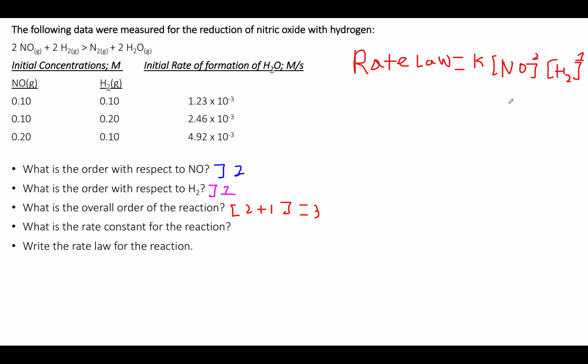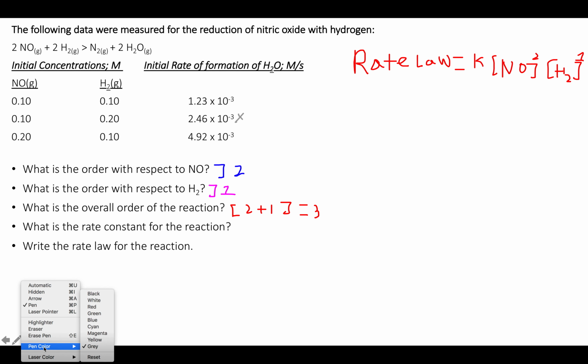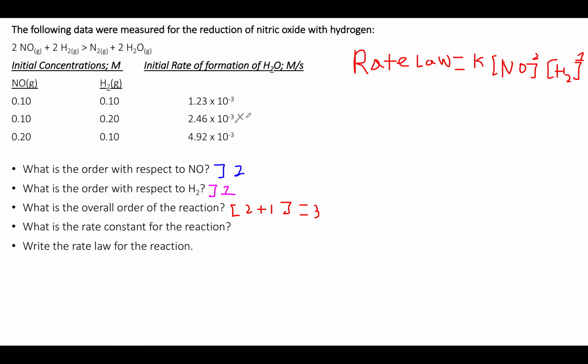So what is the rate? Let's use the second line of data right here. So my rate, 2.46 times 10 to the negative third, and like I said, you can choose whichever line you want, doesn't matter. 2.46 times 10 to the negative third equals K times the concentration of nitric oxide.